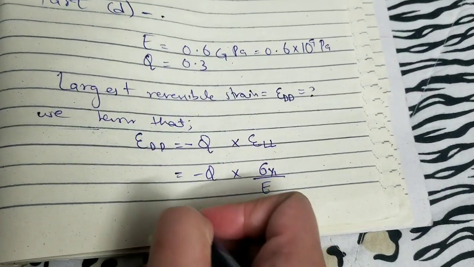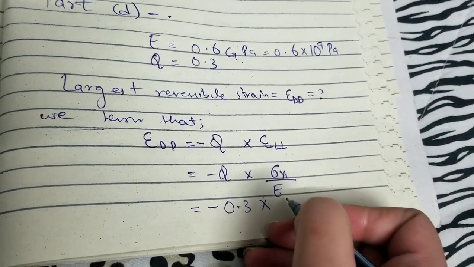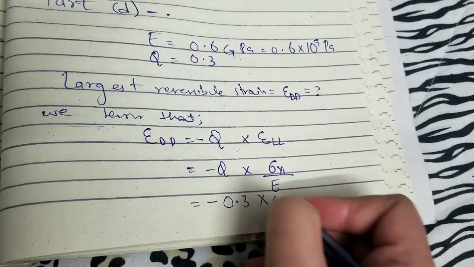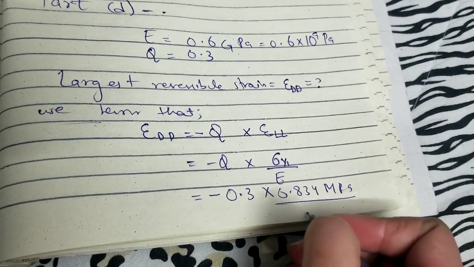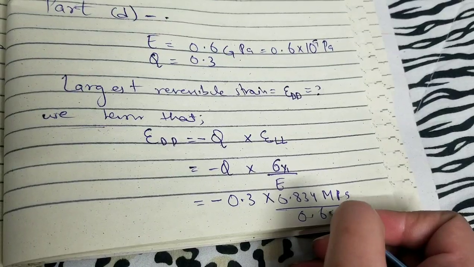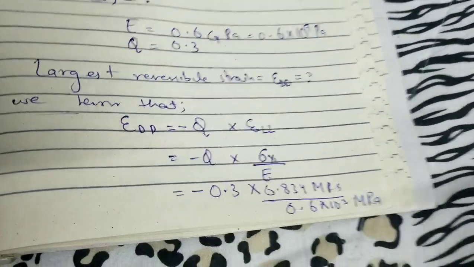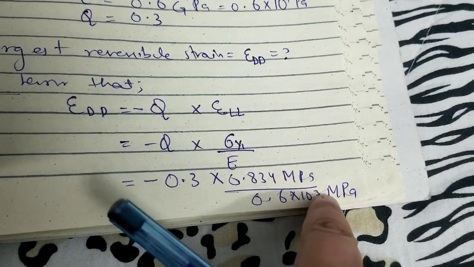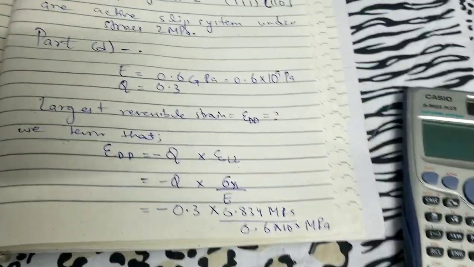Now we'll simply put in the values. Minus 0.3 multiplied by sigma y1, which is the minimum critical normal stress, 0.834 megapascal, divided by capital E, which is 0.6 gigapascal, which could be written as 10 to the power 3 megapascal. You can put mega as 10 to the power 6 and giga as 10 to the power 9, it's the similar thing. Doing the calculation.